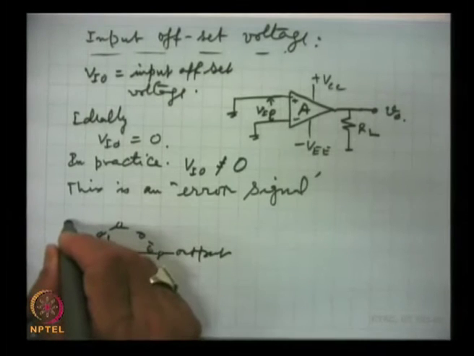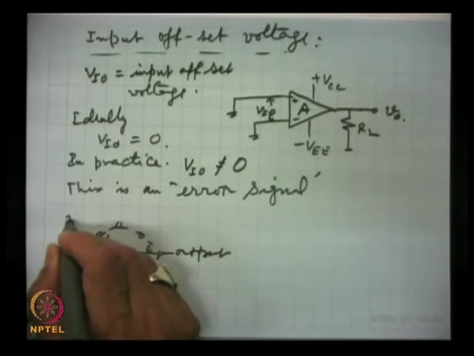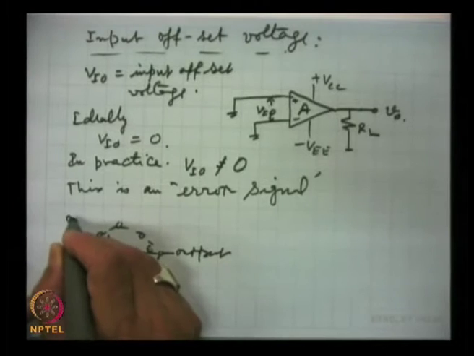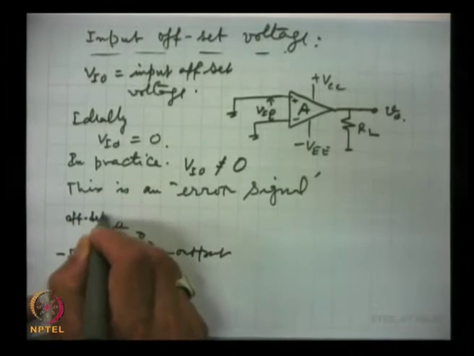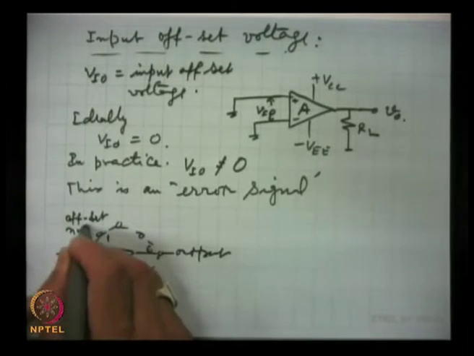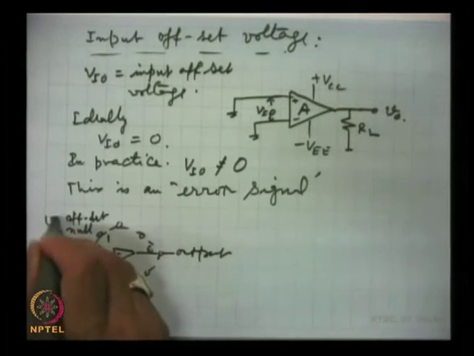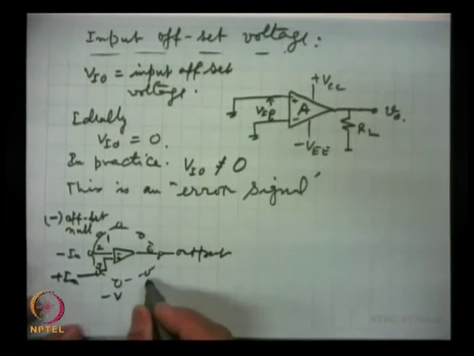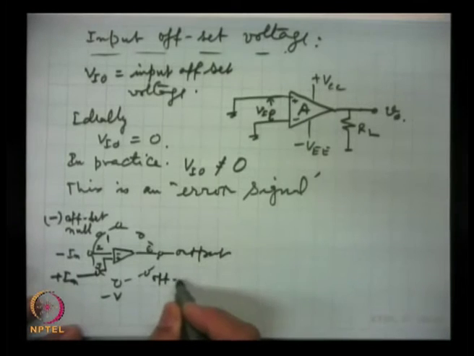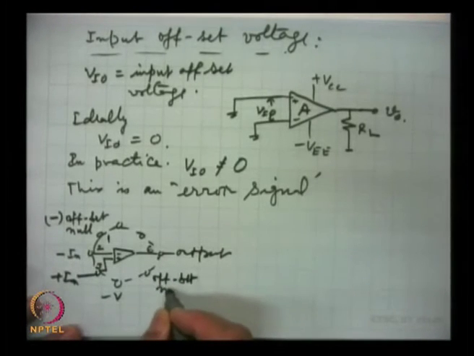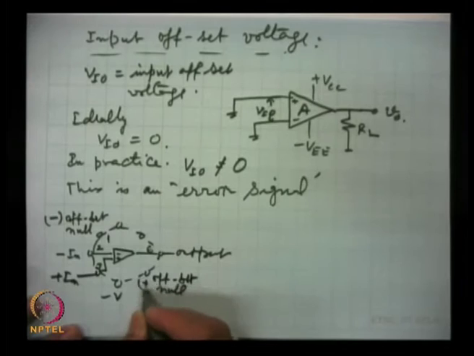This we had mentioned is offset null, the negative terminal, and this is the offset null, positive voltage.